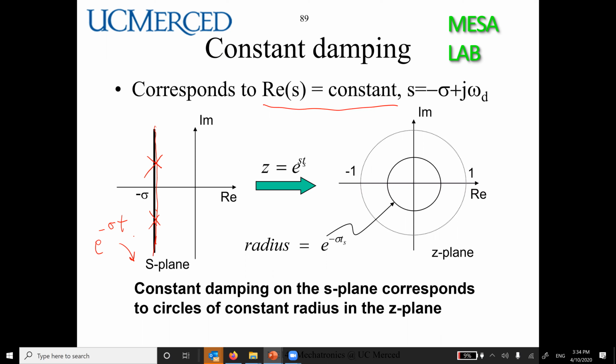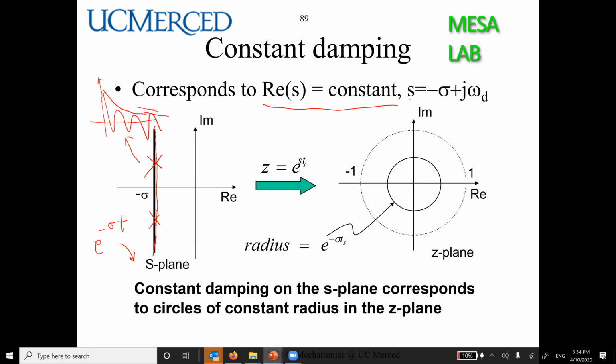So in other words, your system in the time domain will decay like this. Sometimes you have a sinusoid decay, but the envelope will decay like that. This case is a decaying sinusoid.